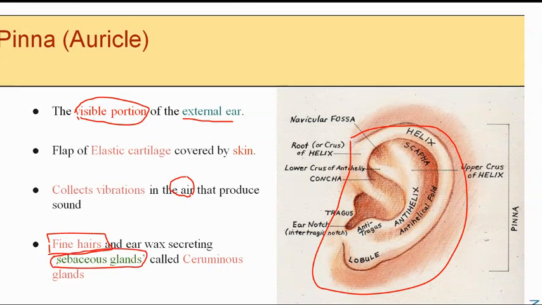These sebaceous glands generally produce wax or oil secretions, and the sebaceous glands related to the ear are modified into ceruminous glands which secrete earwax, or this earwax is also called the cerumen.